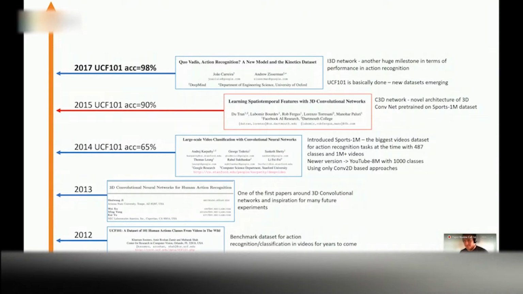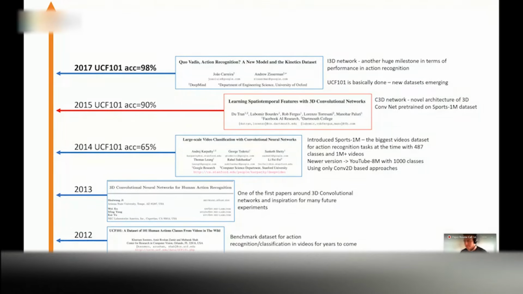So in 2017, they basically beat the UCF 101 dataset with 98% accuracy, and it was done by researchers from DeepMind, from Google.